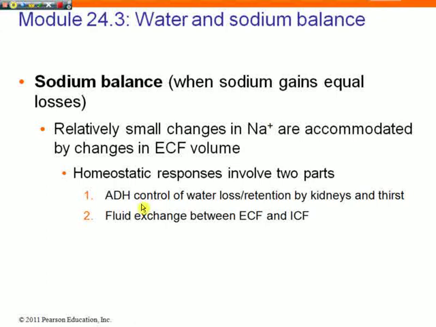The homeostatic response involves two parts: ADH, control of water loss and retention by the kidneys and by the thirst mechanism, which is located in the hypothalamus, and by fluid exchange between the ECF and the ICF.